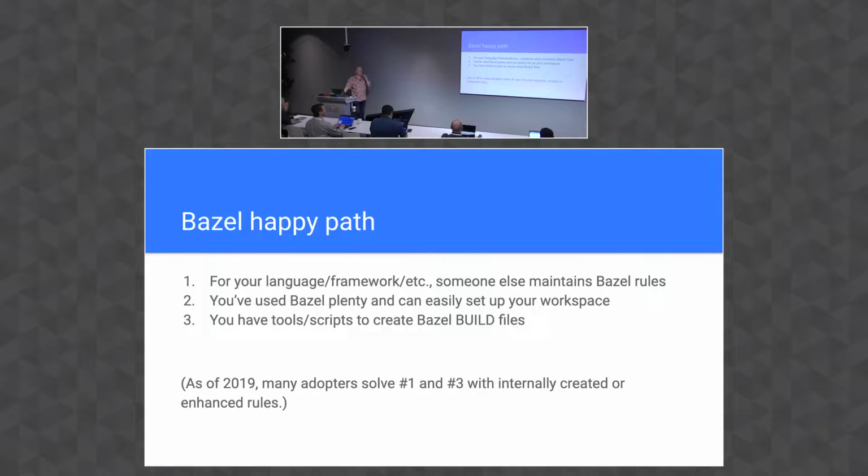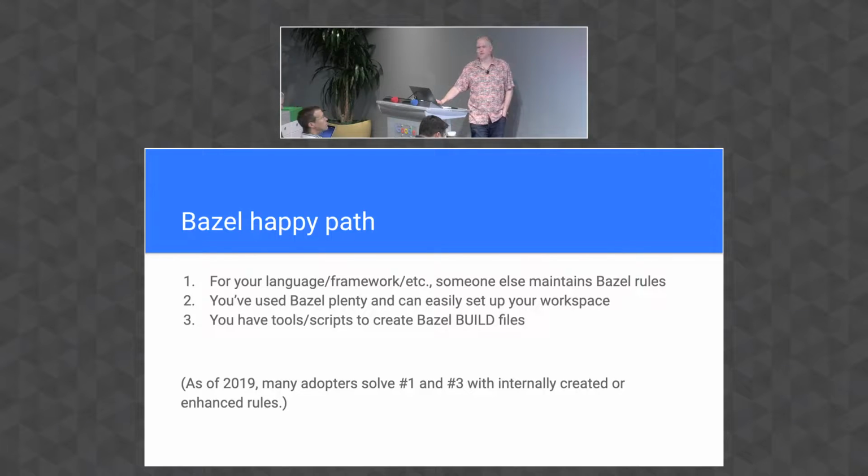I think Bazel is often driven to adoption by people who experienced Google's internal version of the tool. So it really helps a lot if you've lived in that ecosystem. That's part of the happy path. And if you're using a set of tools where some automated machinery is creating build files for you, so that's the happy path.